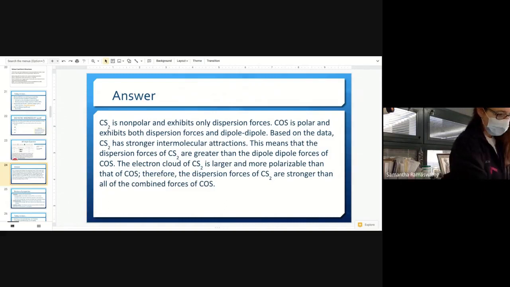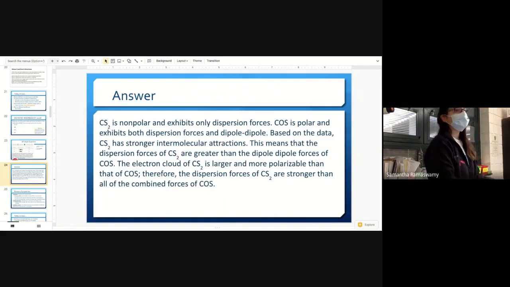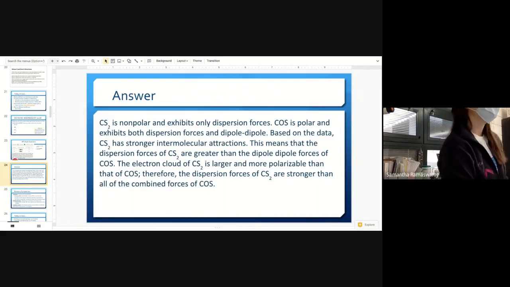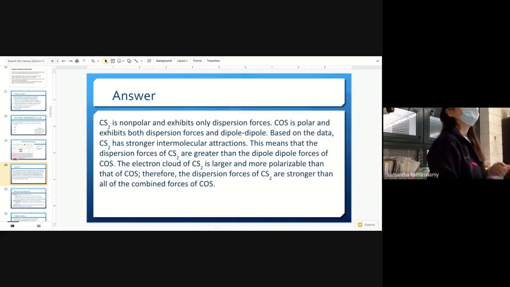And this is what AP has started to ask a lot. So based on this table again, if you look at COS, COS is actually slightly polar, because oxygen is the second most electronegative atom on the periodic table. So it's going to pull more on the electrons than sulfur. So it's not a completely balanced molecule. So it is slightly polar.